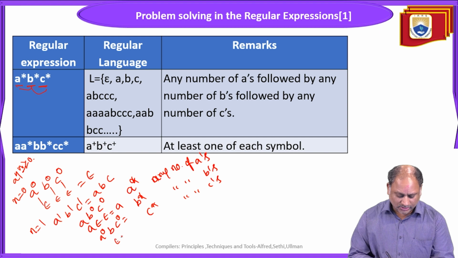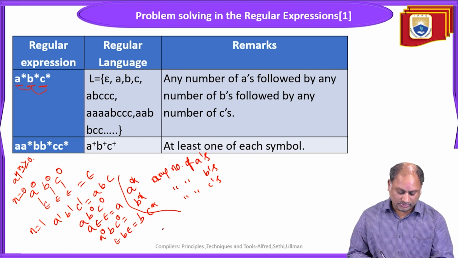So that is epsilon B epsilon. We'll get B. That is also a possible string. Another possible string is A power 0, B power 0, C power 1 we can get. So that is epsilon epsilon C. You get C.